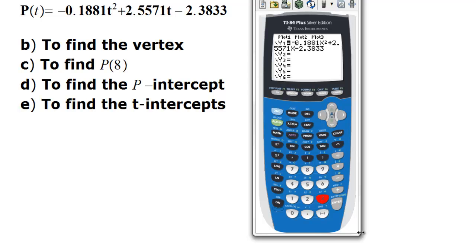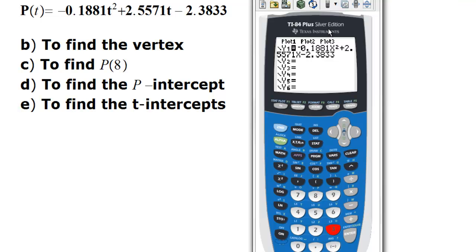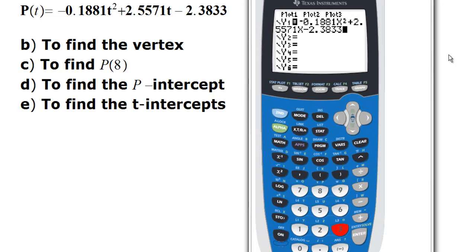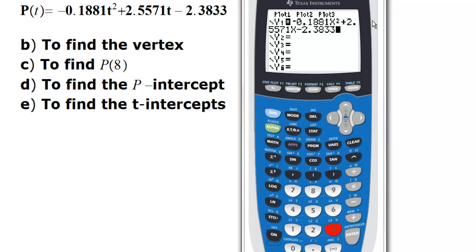Okay, let me enlarge the calculator because I did it like that just to show you the keyboard, but I think I will be better served by showing you a slightly larger screen.